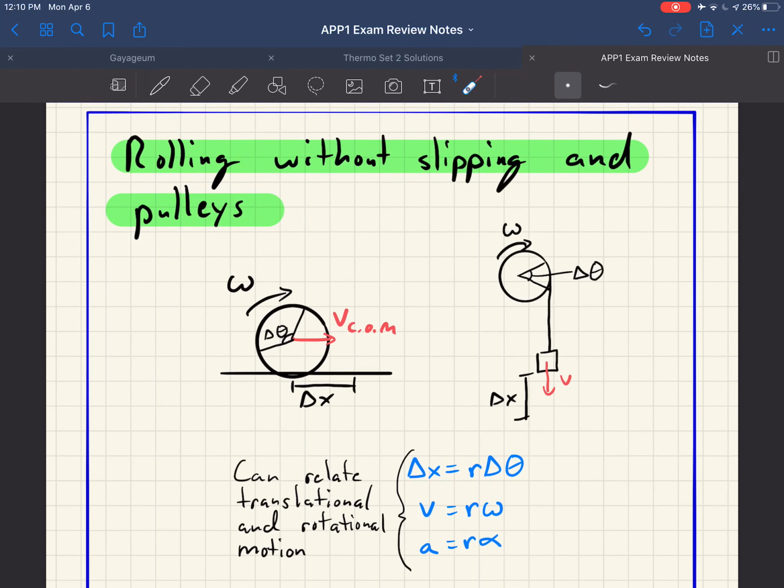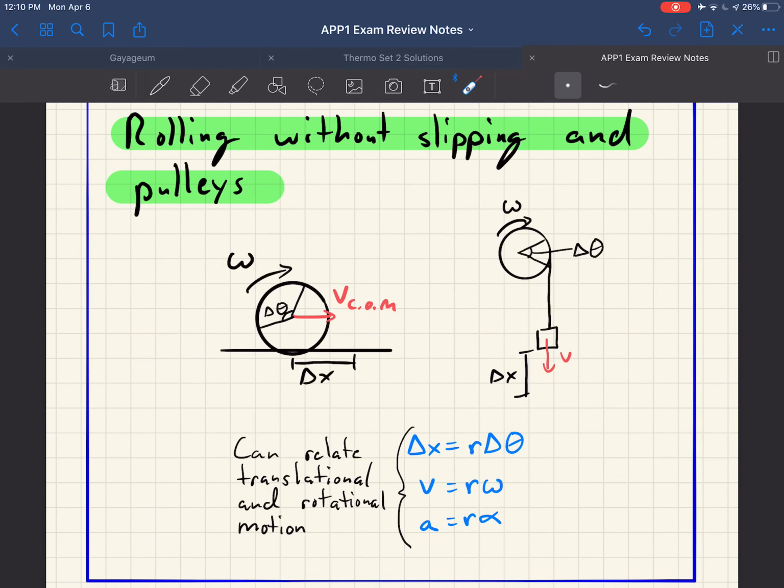Now lastly, rolling without slipping and pulleys. Well, we had some important relationships we used to relate the translational motion of objects to rotational motion of objects. And they work in the case of an object that's rolling without sliding, right? So it's rolling, but there's no slipping happening. Or if you have an object that's connected to a pulley, right?